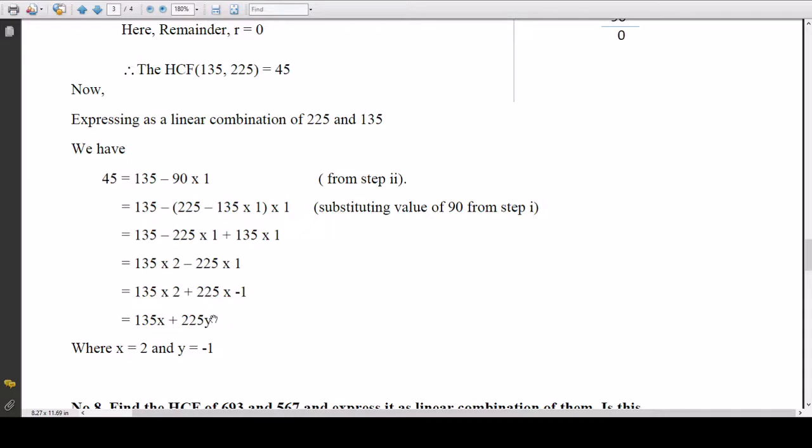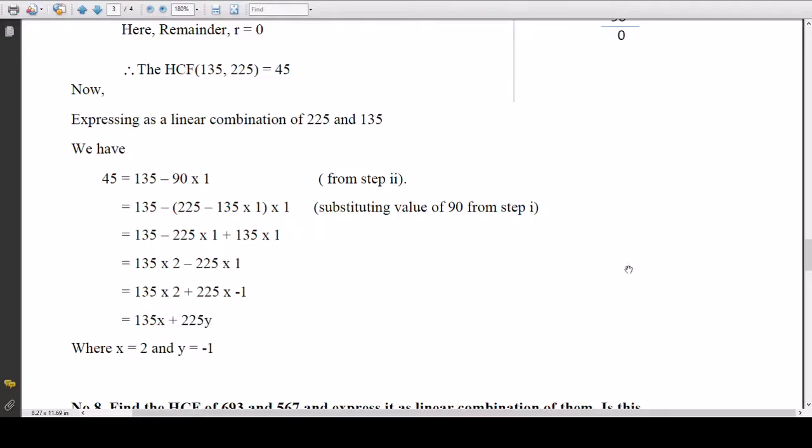Okay, now if you want to find out the value of this 135x plus 225y, you try to find it out by doing a rough calculation in your rough copy. 135 multiply 2, how much will you get? 270. Okay, 270 minus 225, how much will you get?